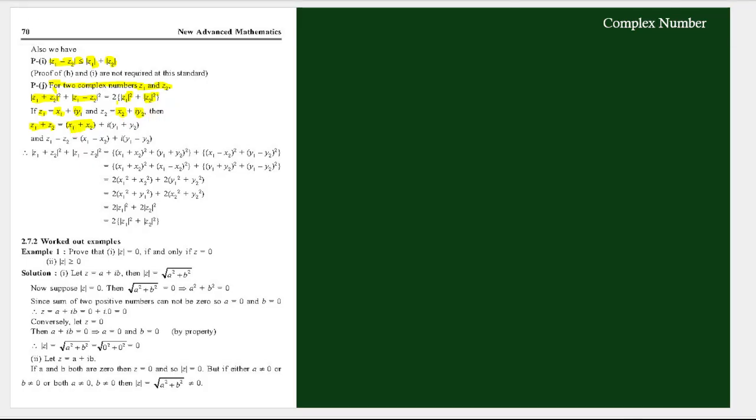You write one more step: modulus of z1 plus z2 square, plus modulus of z1 minus z2 square, is twice of modulus of z1 square plus modulus of z2 square.